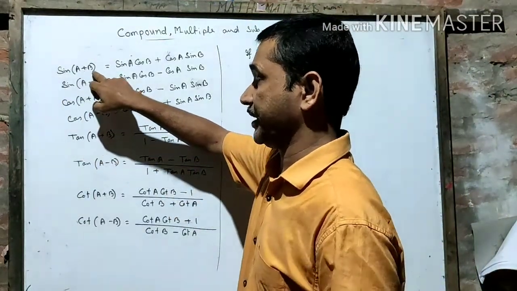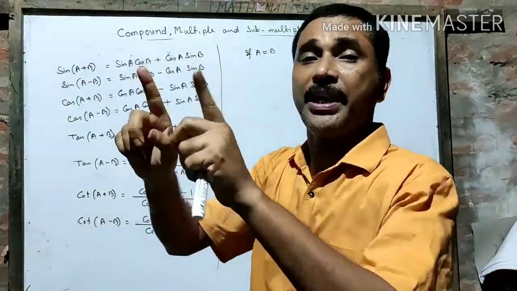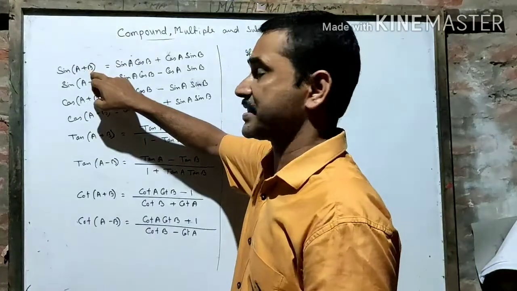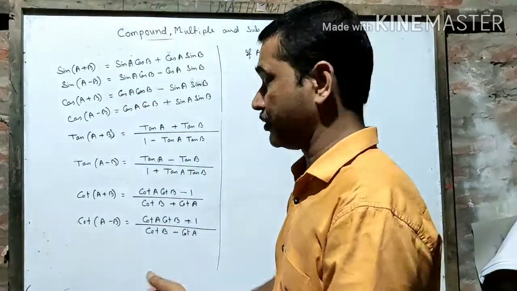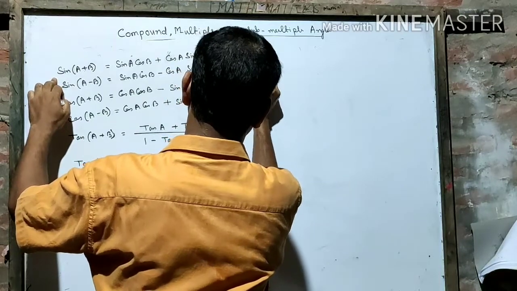Sin (A plus B). We are going to put A in place of B. If A and B are equal, then A plus A, so sin twice A. This will become sin twice A. And we are going to get some new formulae.